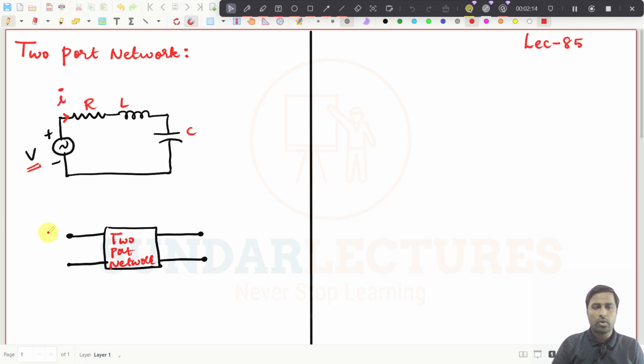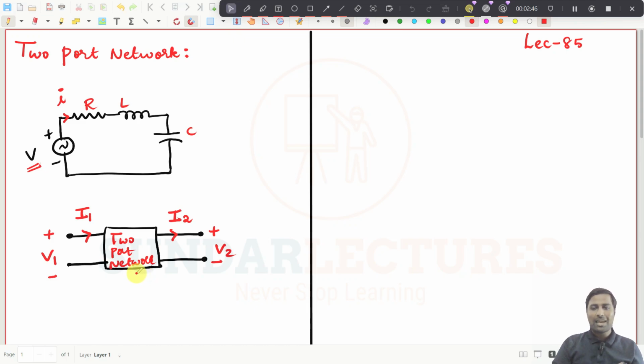This is plus minus V1 and this is plus minus V2. The current here, in this direction, I am going to take as I1. And this current, I am just taking the direction, this is I2. Try to understand, I am going to show you what the Z parameter, Y parameter and hybrid parameter are. All those things come under the two-port network.